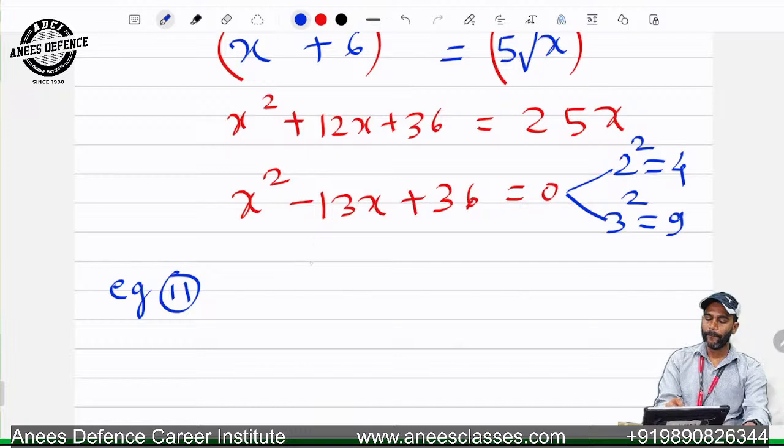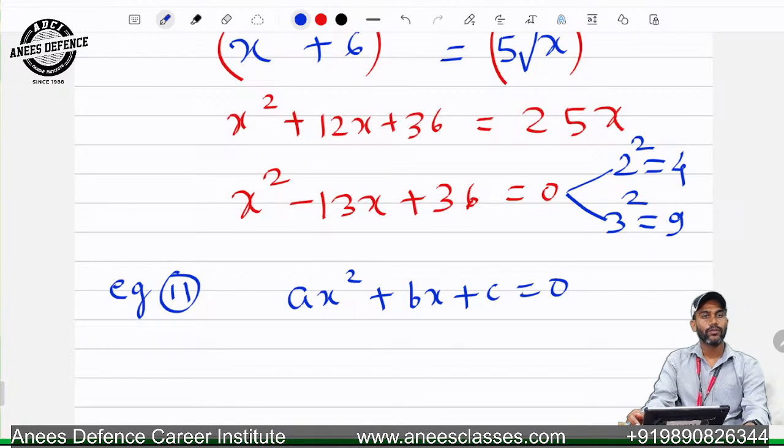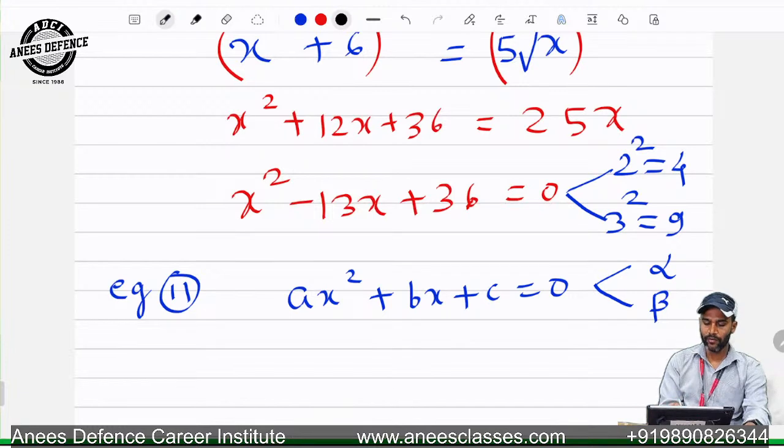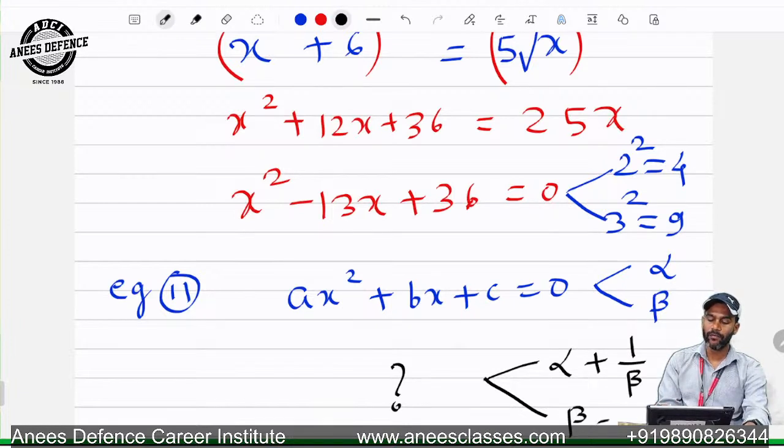Suppose we have the equation ax square plus bx plus c is equal to 0 and the roots are alpha and beta. You have to find the equation whose roots are alpha plus 1 by beta and beta plus 1 by alpha.